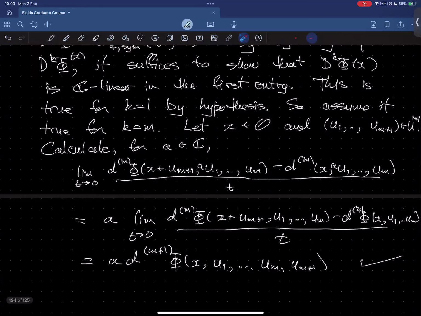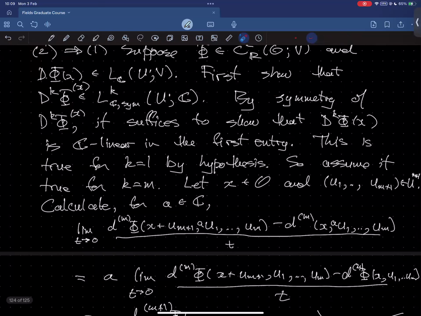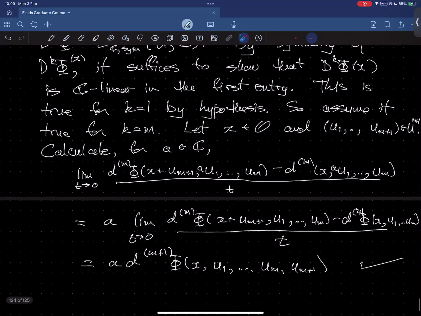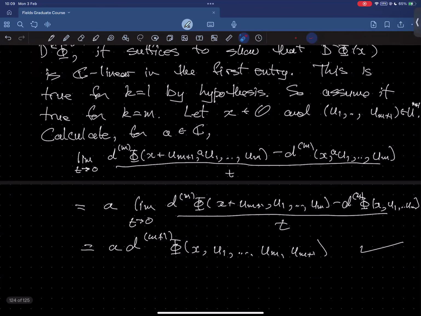Okay, so that proves that d^k phi is complex linear in its first entry for every k. And therefore by symmetry it's complex linear in every entry, and therefore it's real multilinear, and it's also linear with respect to complex scalar multiplication. So that just means it's complex multilinear.